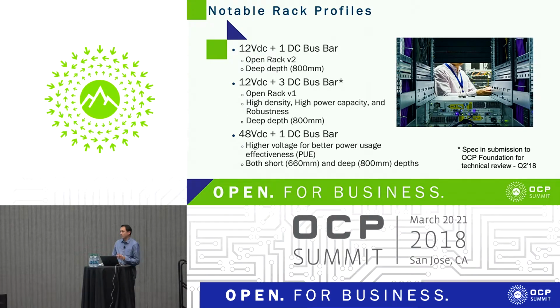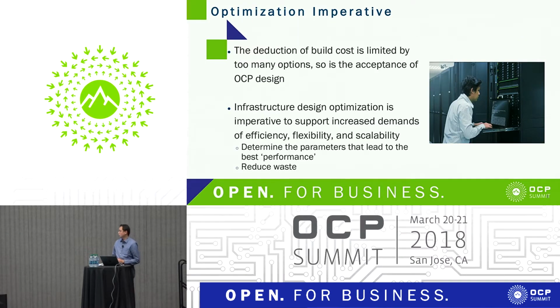Anyway, I only highlighted the 3 key profiles. However, back to the previous chart, there were 8 or even more. Which leads to the next question. The original purpose of OCP is to make things easier and simpler. If we have too many options, it will make the reduction of the build cost difficult, because we should have more common parts and a more common design rather than multiple options.